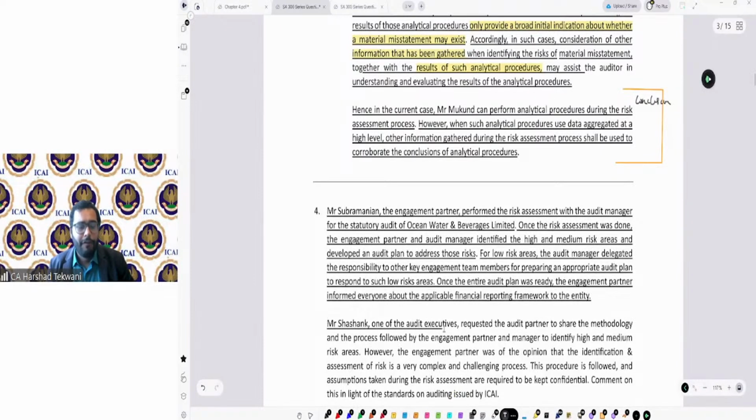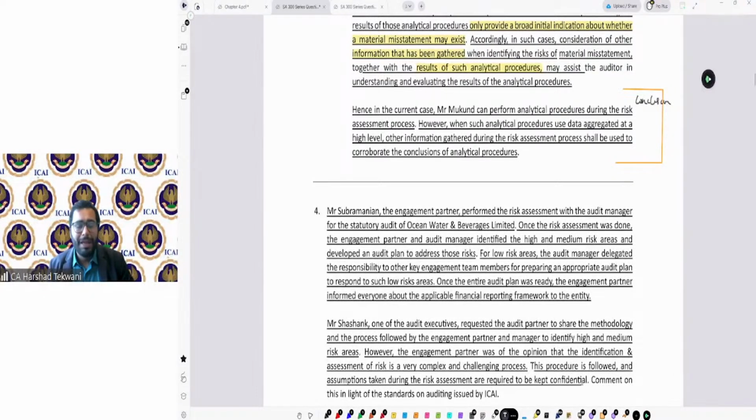Mr. Shashank, one of the audit executives, requested the audit partner to share the methodology and process followed by the engagement partner and manager to identify high medium risk areas. However, the engagement partner was of the opinion that the identification and assessment of the risk is a very complex and challenging process. The procedure followed and assumptions taken during the assessment are required to be kept confidential. Comment on this in the light of standards on auditing issued by ICAI.